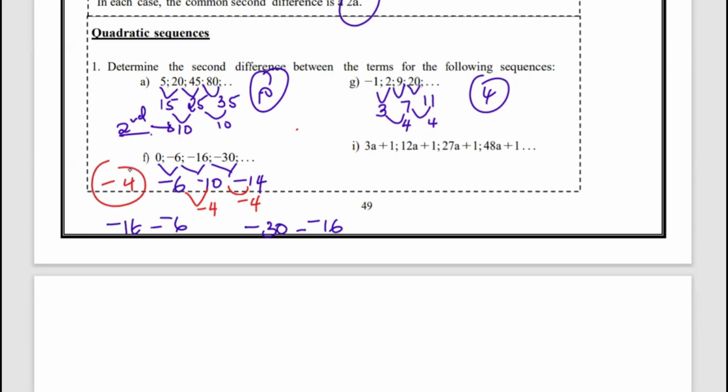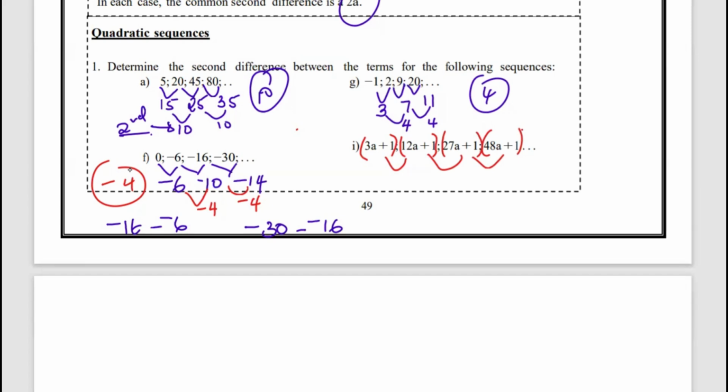All right, then I look at I, we have 3a plus 1. I'll take this as one term, then this also as another term, and that's also another term. And then the story continues. So the difference there, and then the difference there. So 12a minus 3a. Remember, this is algebra, so it has to be the common terms together.